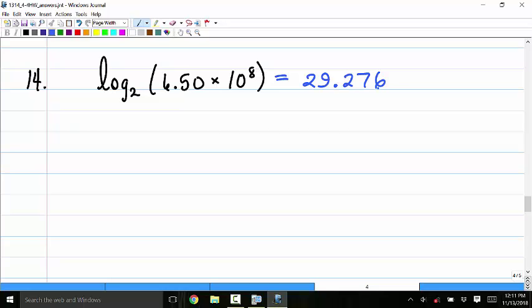Now the homework wants you to express that in exponential form. Base, right?